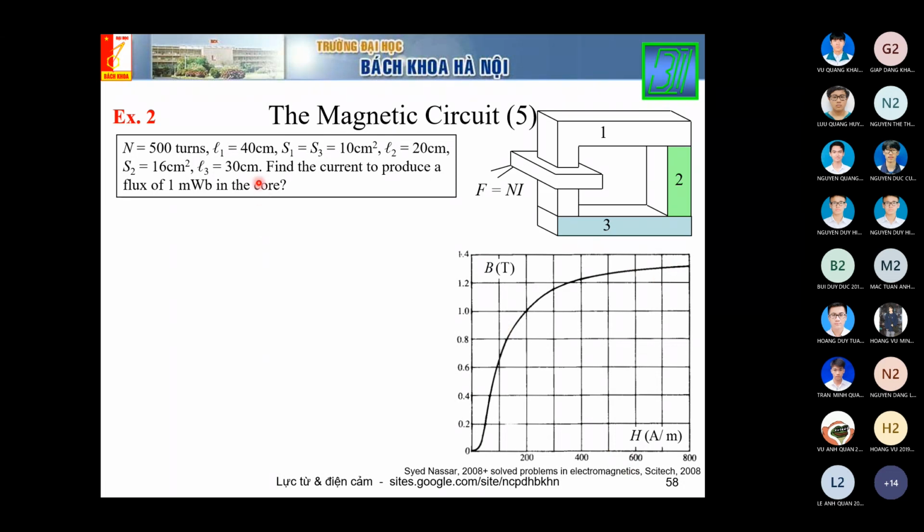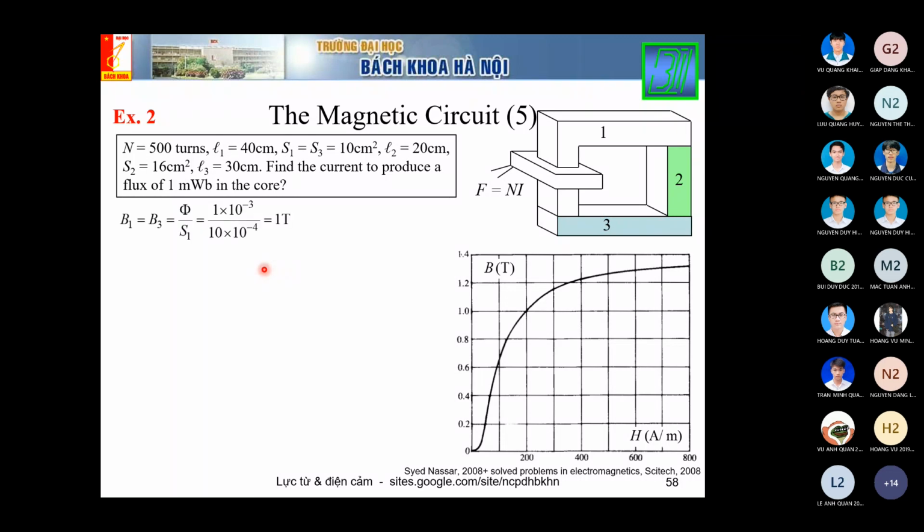In this exercise, we are given the magnetic flux and we have to find the current. So this is once again the forward exercise. The three sections here are in series, so they will have the same magnetic flux. The very same magnetic flux flows through all 3 sections. So we understand that phi 1, phi 2, and phi 3 are equal.